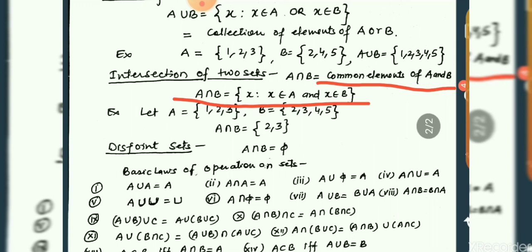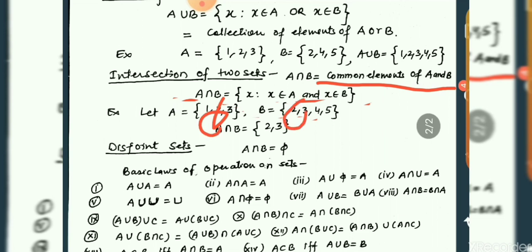Now take an example. Here example is A is equal to 1, 2, 3, B is equal to 3, 4, 5. Here you can observe that 3 is the only element which is present in both sets.